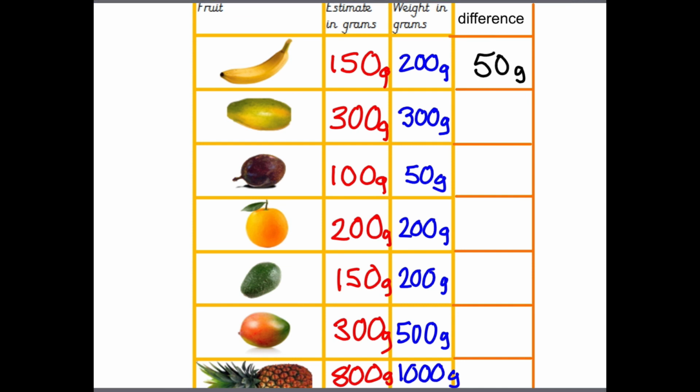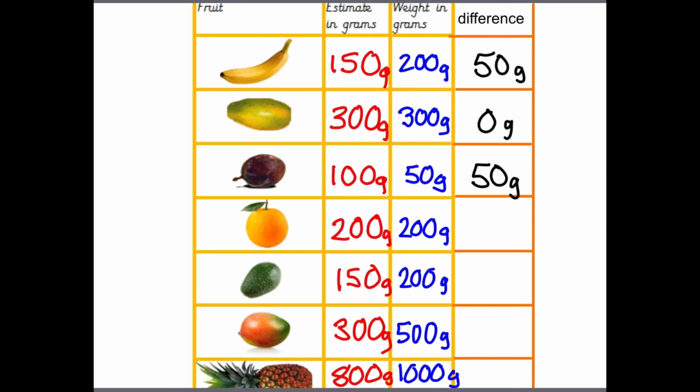So you might be able to work out some of the differences between your own estimates and what you've weighed. This one, the difference is 0 because we thought 300 and it was 300. This one, they thought it was 100, it was 50. So the difference is 50. And to check you've got the differences right, you can add or take away them.